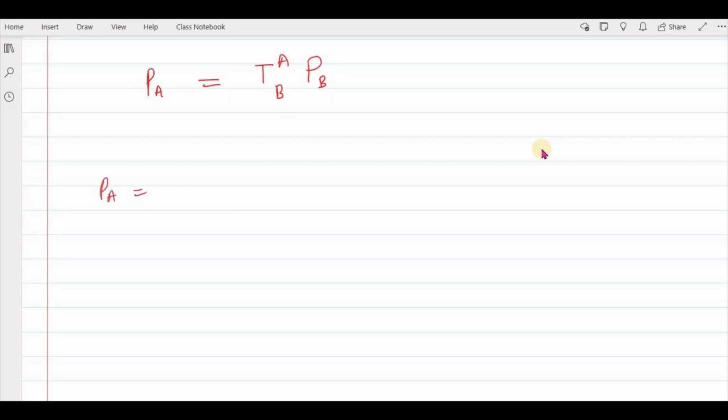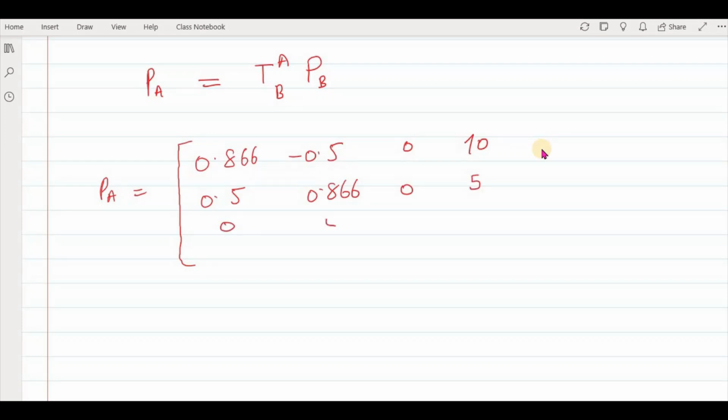PA is equal to: put the values of your angle, and when you take the cosine, it will be 0.866, and then 0.5, and here you have 0.5, 0.866, and then 0, 0, and for delta x you have 10, and for delta y you have 5 here, and then 0, 0, 1, and since there is no translation along the z-axis, it will be 0, and then 0, 0, 0, 1.